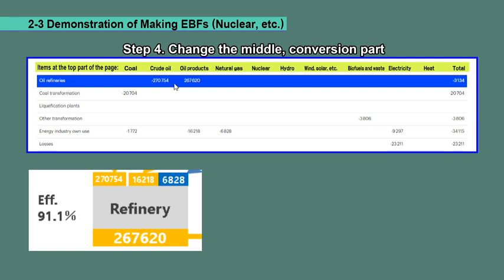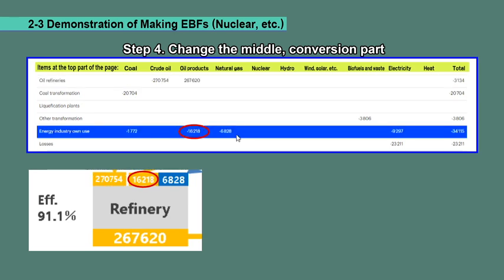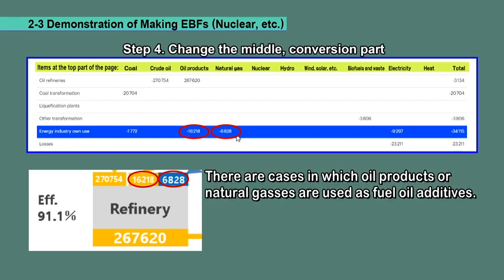The last is refinery. Unlike the other cases, this is close to being standard. Input is crude oil, 270,754. Also, look at the energy industry own use row. It shows oil products 16,218 and natural gas 6,828. For input to refinery, oil products and natural gases are also sometimes used as fuel oil additives.